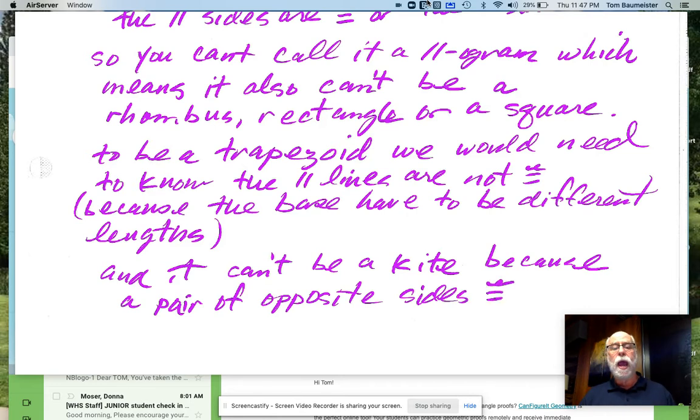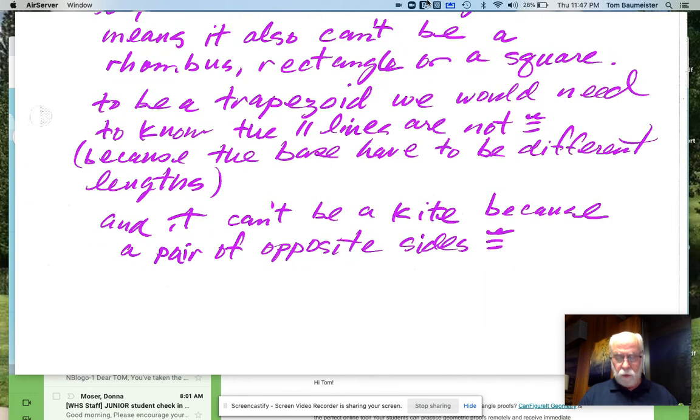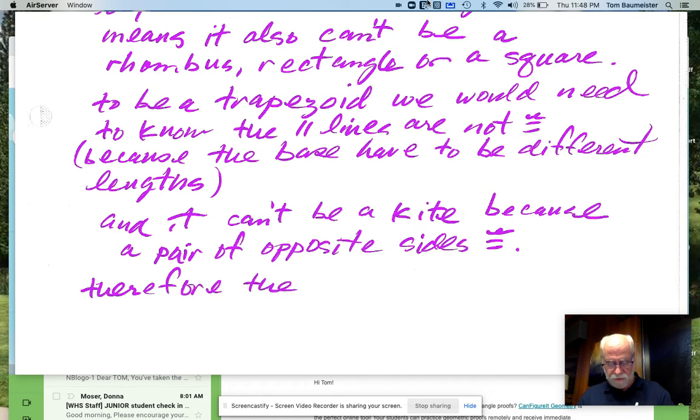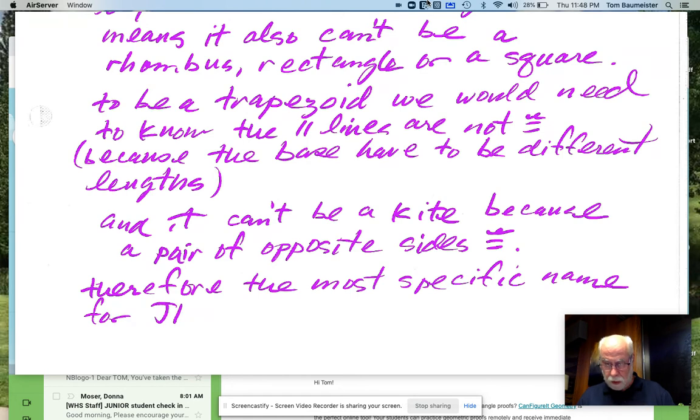Now I'm pretty sure you won't have to write all of this down with yours, but I did try to make one where we eliminated everything except for, therefore, the most specific name for our quadrilateral JKLM is a quadrilateral.